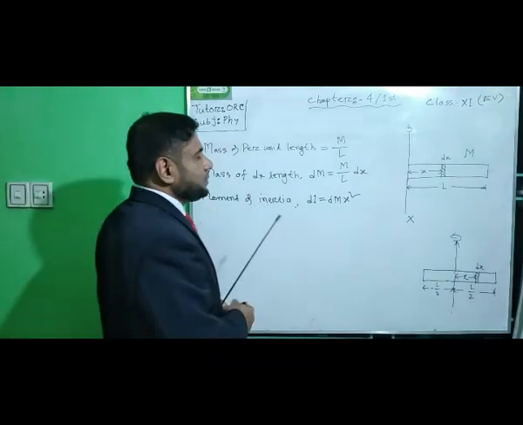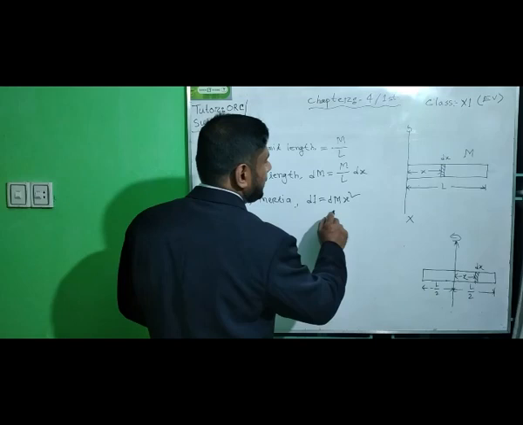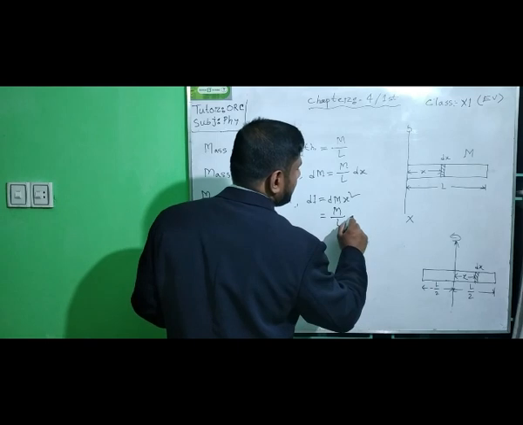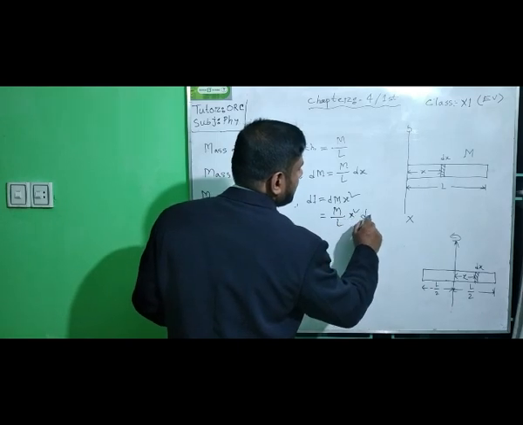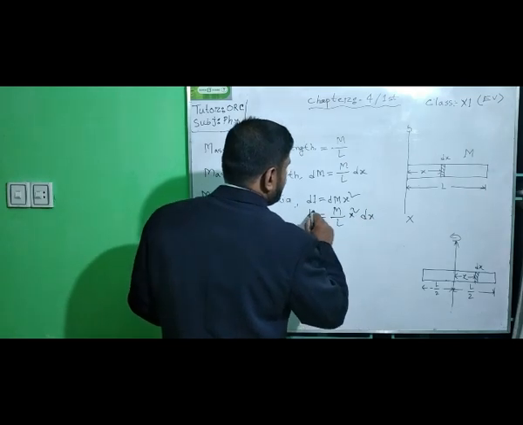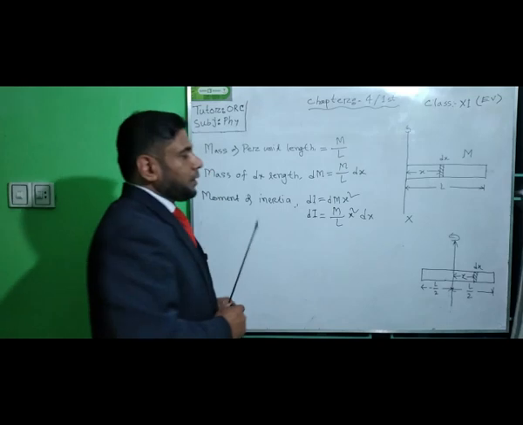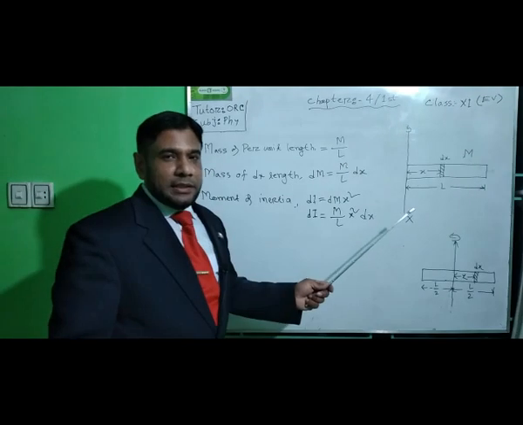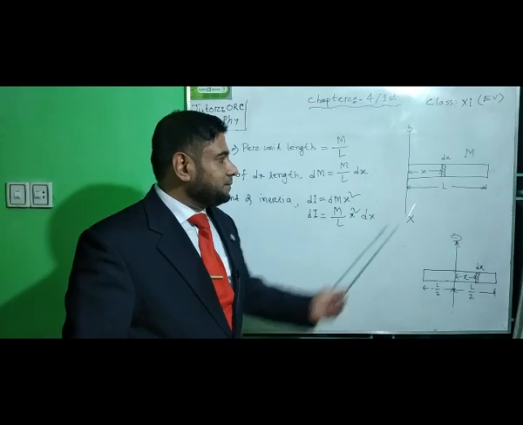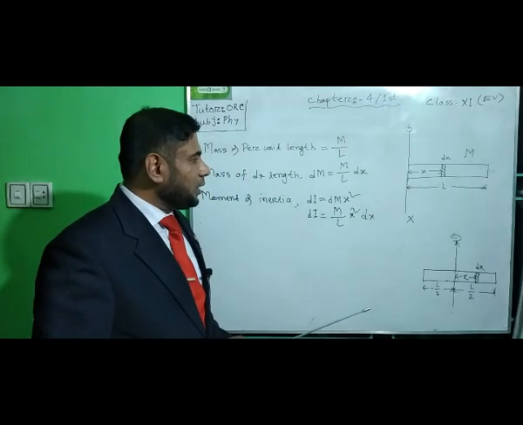Again, let us put the value of dm here, m divided by L into x square into dx. So this is the moment of inertia for the smallest length dx.